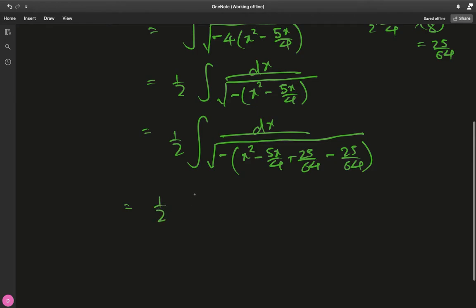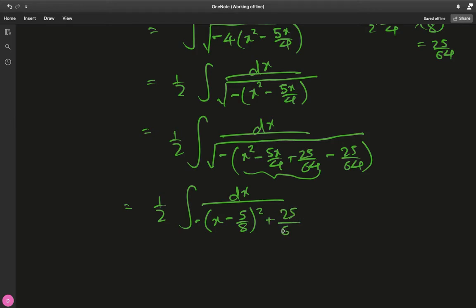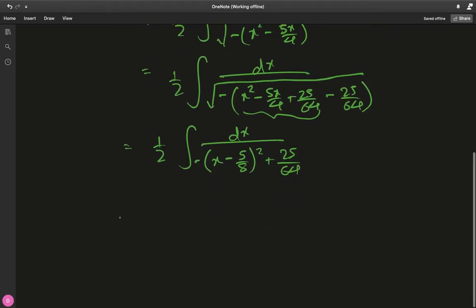Okay, so we have half dx over, look at these 3 terms. We can write them as x minus 5 over 8, the whole thing squared, and this negative negative will become a positive 25 over 64.